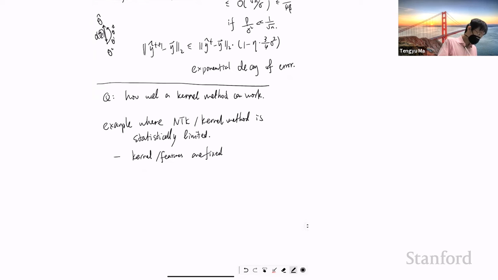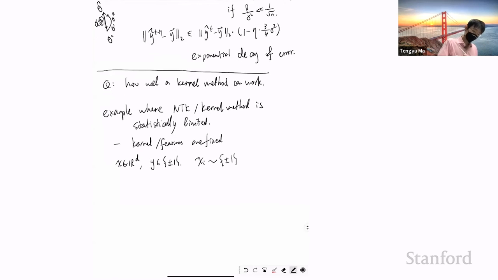Suppose you consider this case where x is in R^d and y is in +1, -1, and let's say each of the x's is just an IID Gaussian. x^(i) is the ith example; the superscript is for the examples, and the subscript is for the dimension. And let's say y equals x1 x2.